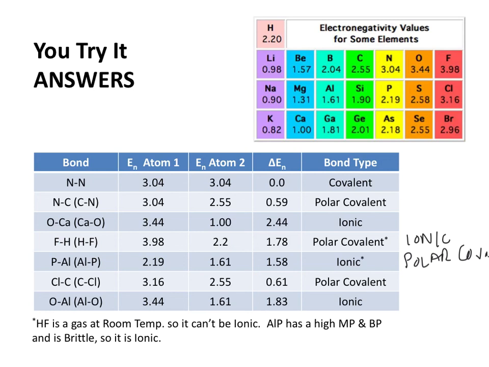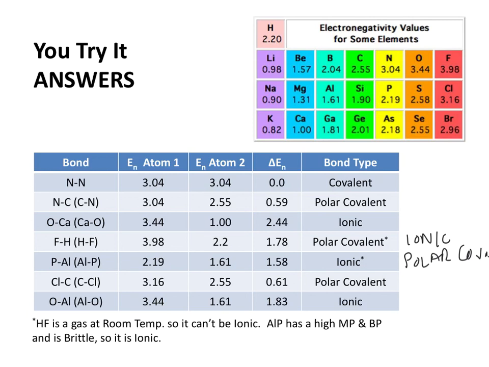And in this case, this value is lower than what our cutoff value was, which is 1.7. However, it's a nonmetal and metal bonded together. It has a very high melting point and boiling point, so it's a solid at room temperature, and it's also brittle. All characteristics of an ionic solid. Therefore, even though the delta EN says it's polar covalent, in truth it's an ionic compound, so it has ionic bonds.